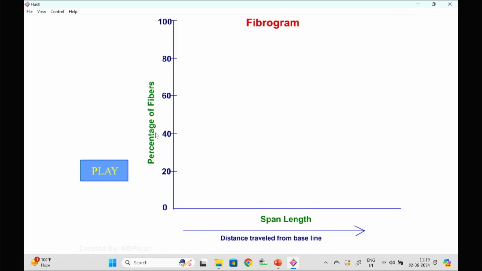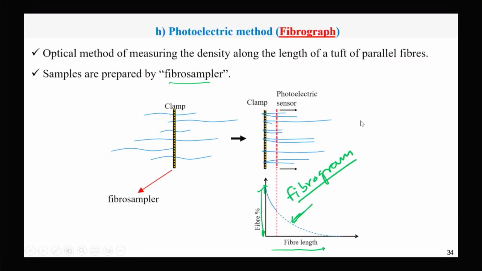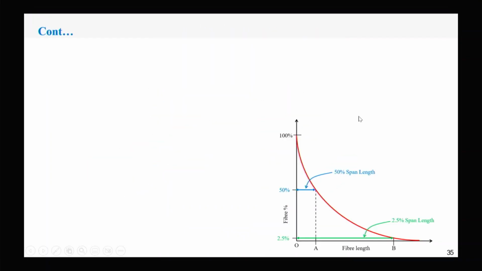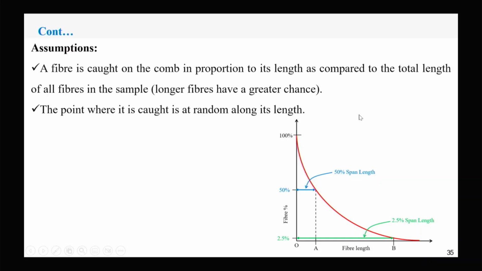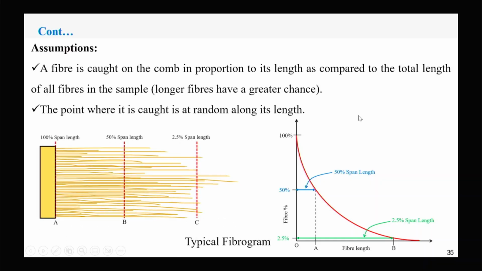We get these parameters as we have already discussed. The spanning is taking place. So if there are, say, 1000 fibers, as I have mentioned, then within this length AB, at the point B there will be 500 fibers.